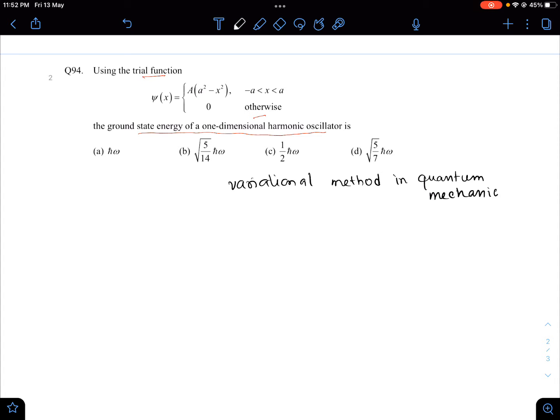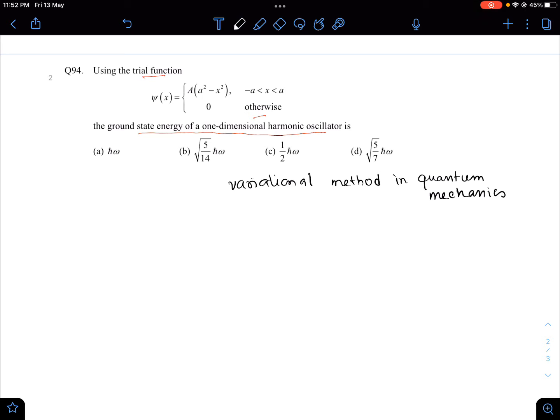So what is the variational method? Let me first introduce you to the concept of the variational method. There are very few cases where we can find exactly the analytic solution of the Schrodinger equation. In most cases, like in the case of molecules, we are not able to find the analytic solution of the Schrodinger equation. So then we can use a trick known as the variational method.